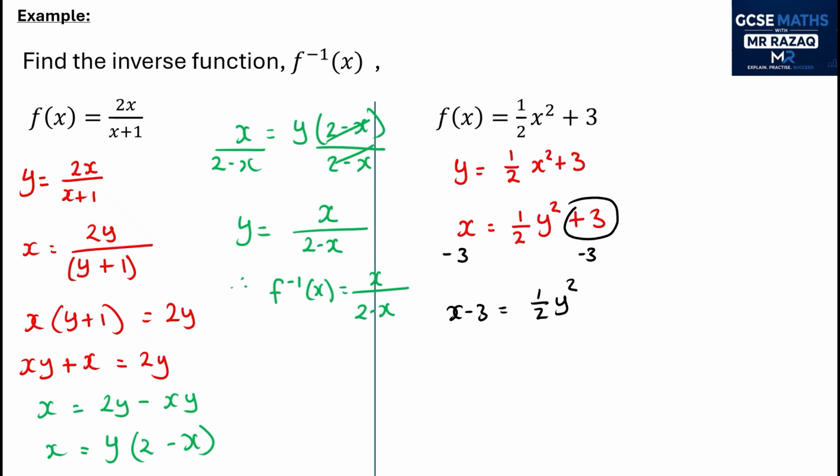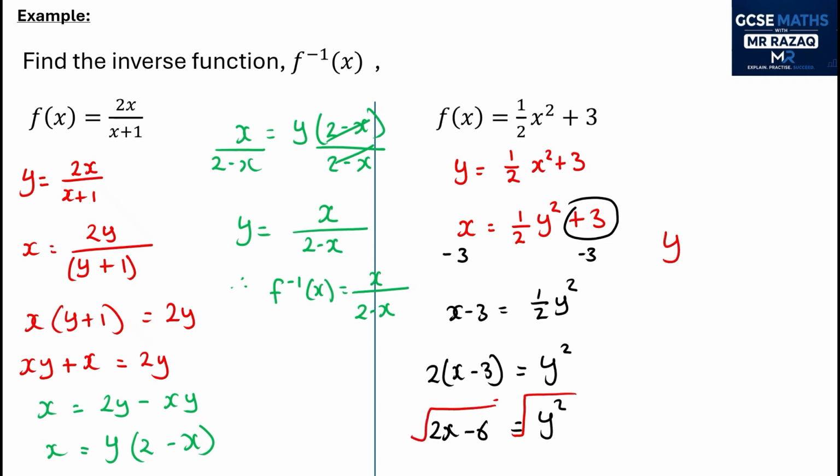And now what I'm going to do is I'm going to try and get rid of the fraction. So if I multiply both sides by 2, that means you're left with y squared is equal to 2, open bracket, x minus 3. And expanding this bracket gives me y squared is equal to 2x minus 6. And now, not factorize, square root it, and you're left with y is equal to the square root of 2x minus 6.